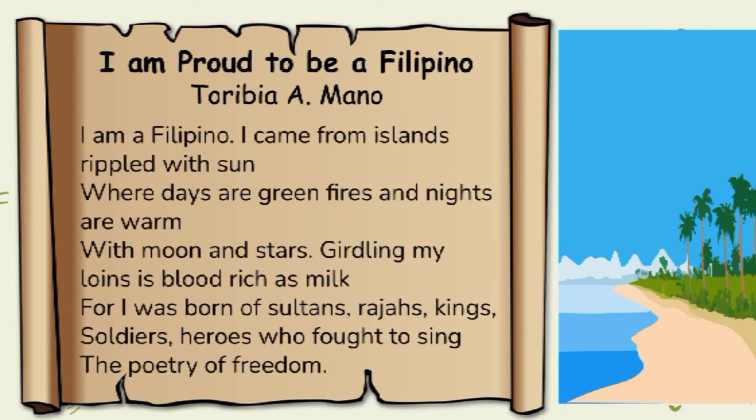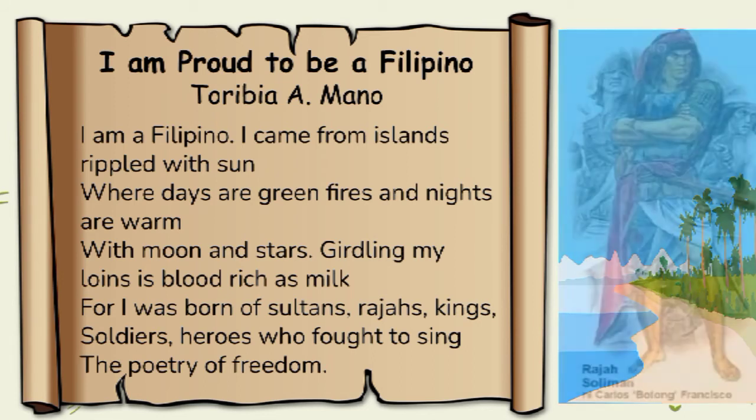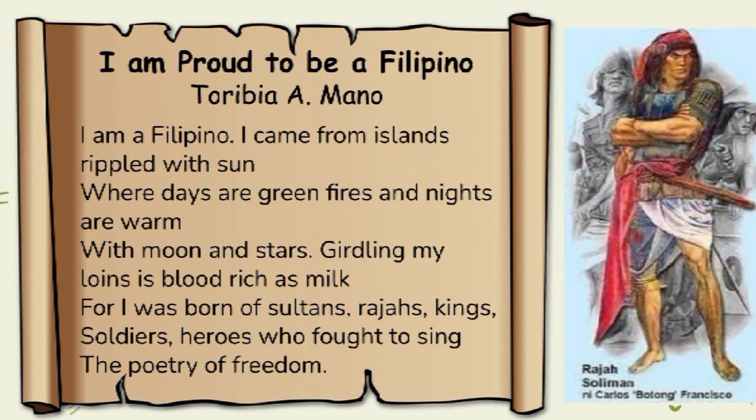I am a Filipino. I came from islands rippled with sun, where days are green fires and nights are warm with moon and stars. Girdling my loins is blood rich as milk, for I was born of Sultan, Rajahs, kings, soldiers, heroes who fought to sing the poetry of freedom.